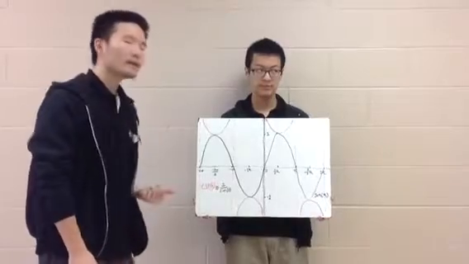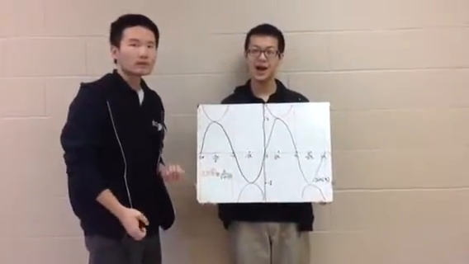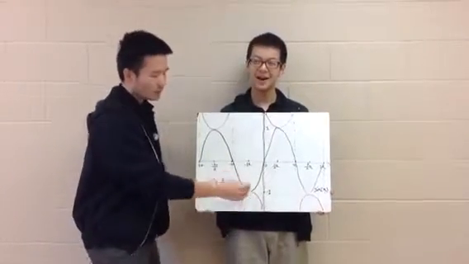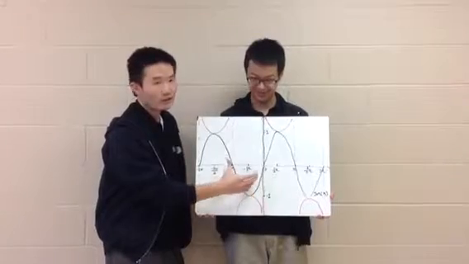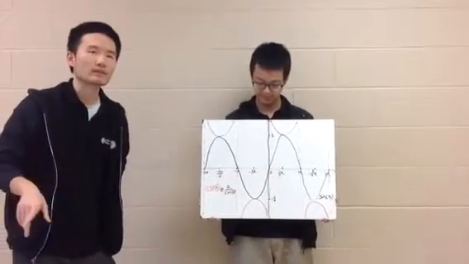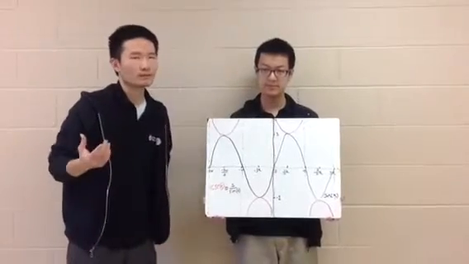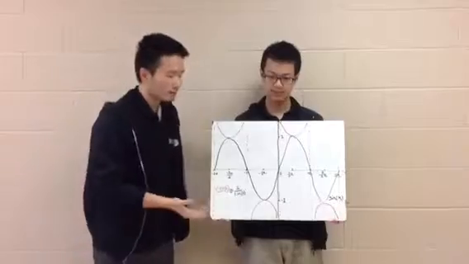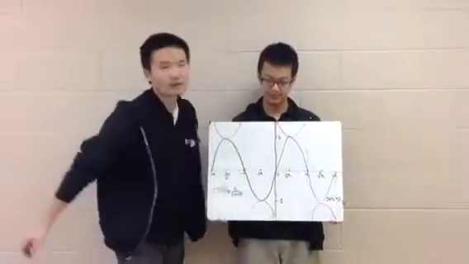The same way works for the negative parts. When it approaches 0 from the negative side, we get 1 over a very small negative number, 1 over negative 0.0001, and we get negative infinity, and that's the fractions here.